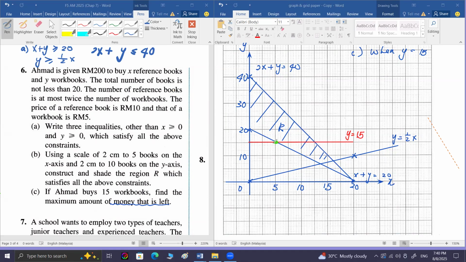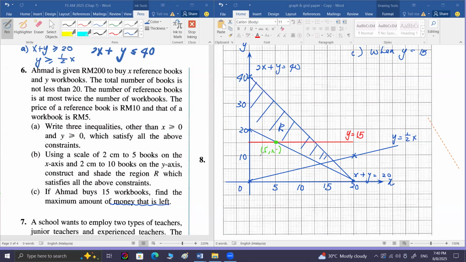So here you get 5 and 15. I repeat, if you change the other way, you get 12.5. This is about the reference book. So class, this point, the maximum one, is not accepted, because this is 12.5, so you must go a bit in to find the whole number.